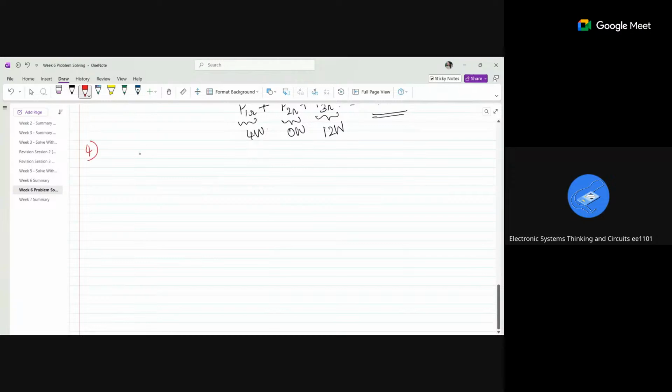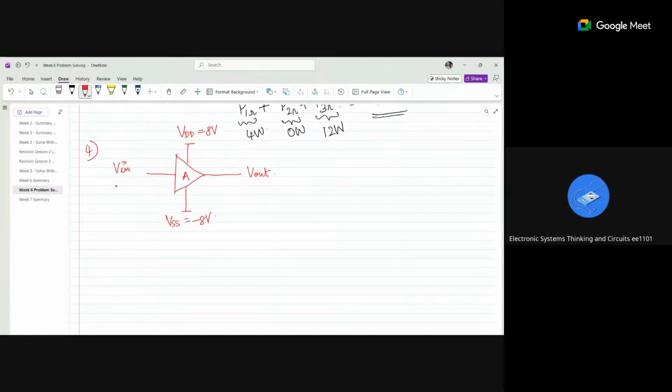So this is my fourth question. There is an amplifier A. There is a V in and there is an output voltage coming out of it. And this is my VDD, this is my VSS. Let it be 8 volts and minus 8 volts.